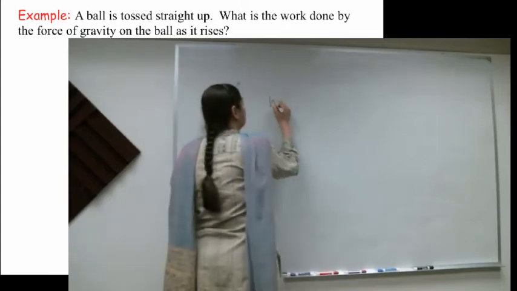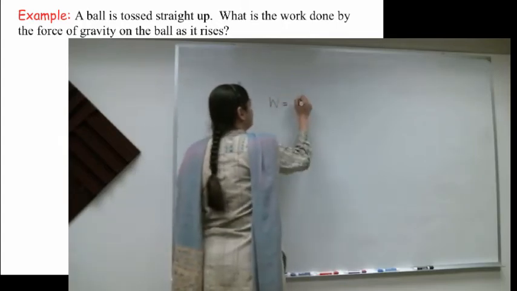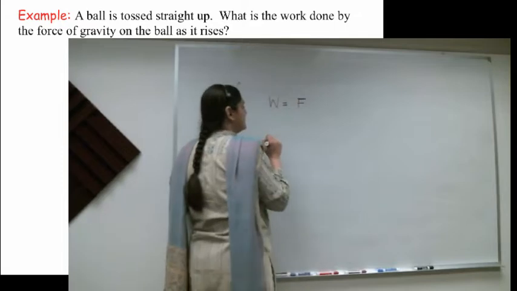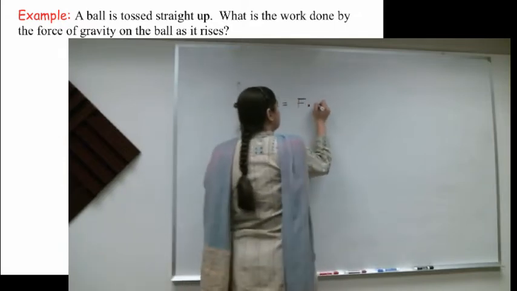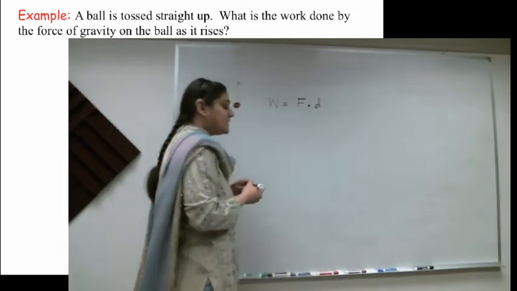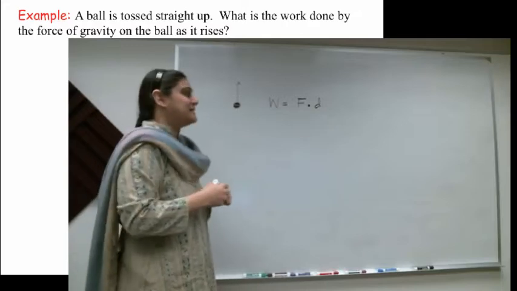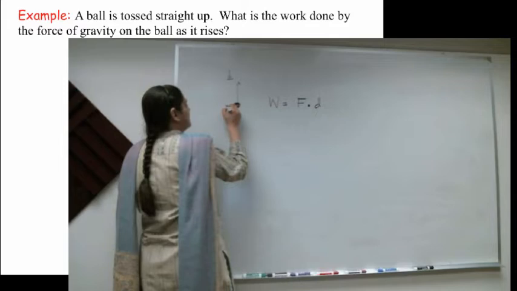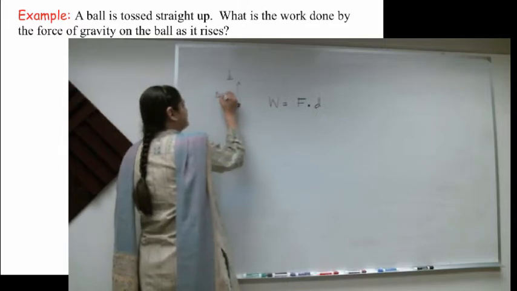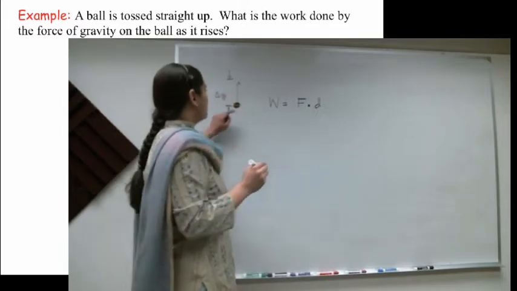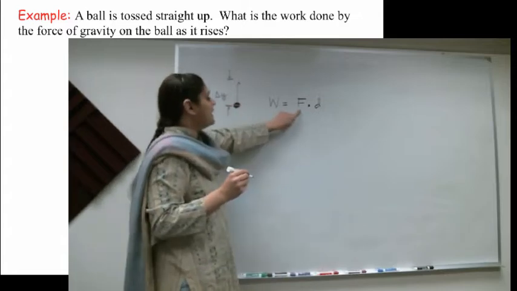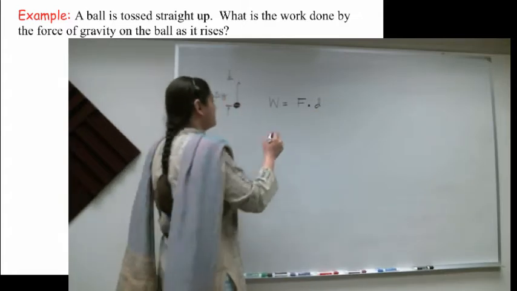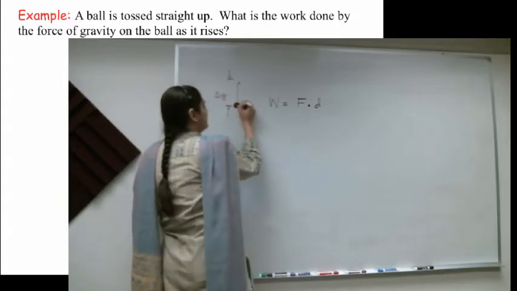We know the work done is equal to the force applied dot the distance the object moves. Not knowing the exact distance, let's suppose the distance it travels is delta y. Now, what is the force being applied?